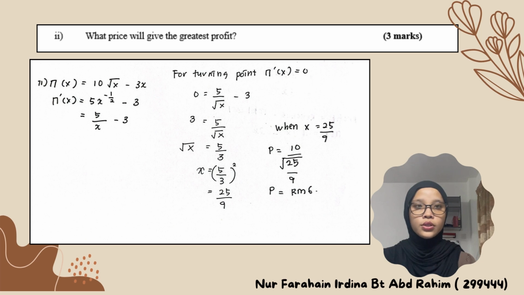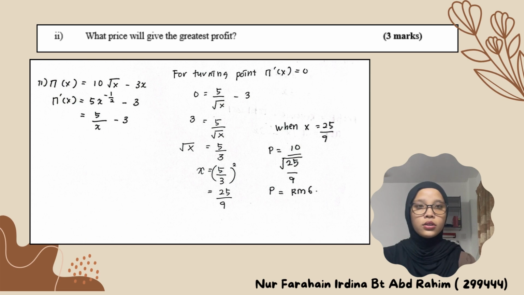So 0 equals 5 divided by the square root of x minus 3. The minus 3 we move to the right side, so we get 3 equals 5 divided by the square root of x. We swap the square root of x and 3, and we get the square root of x equals 5 divided by 3.